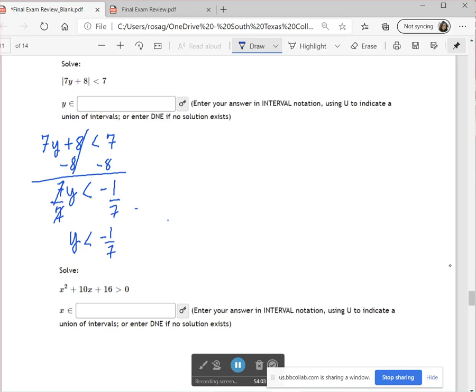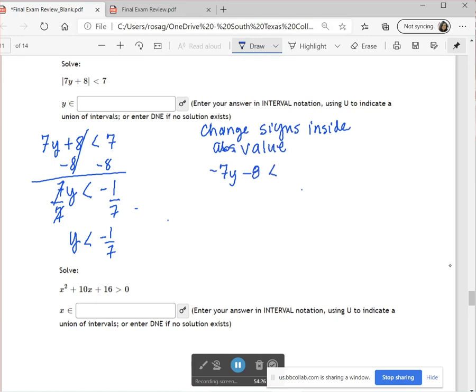Now I have to do another equation. In my other equation, what I do is change the signs inside the absolute value. So what that means is my 7 is going to become -7, and the positive 8 becomes -8.